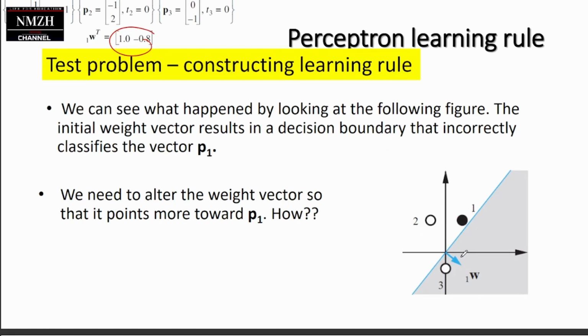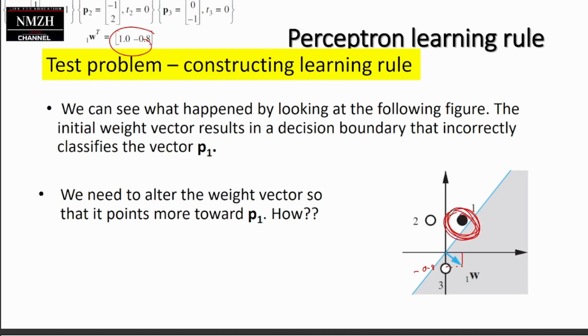This one is 1 and this one is 0.8, so this is the weight vector. We need to alter the weight vector so that it points more towards P1. So where is P1, guys? This one.